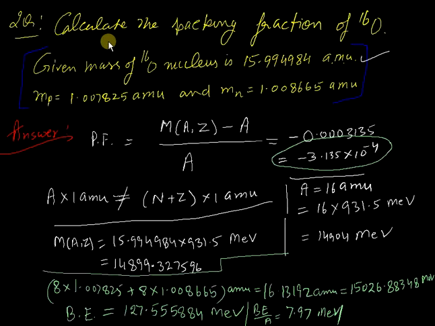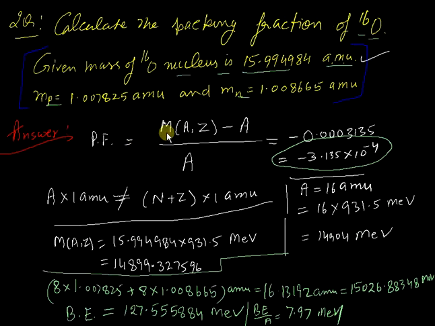Here in this numerical problem we have to calculate the packing fraction of the oxygen-16 nucleus. The mass of the proton and mass of the neutron we know, and we will use them to calculate the binding energy per nucleon. First we calculate the packing fraction.